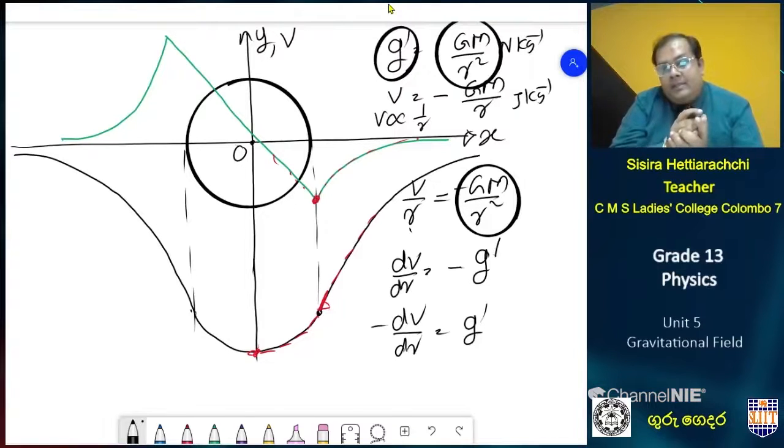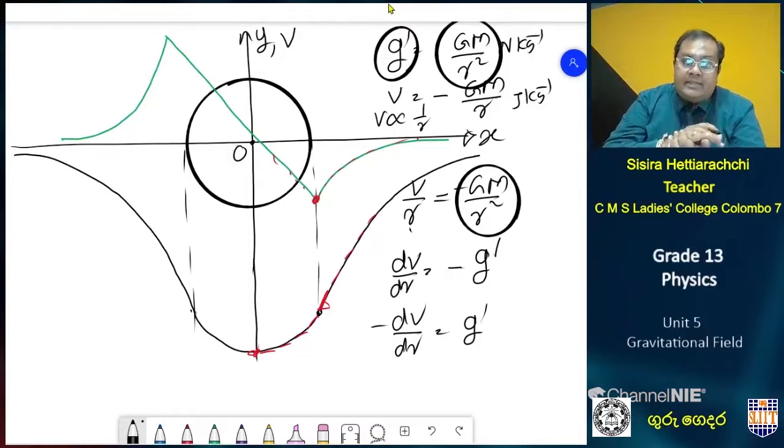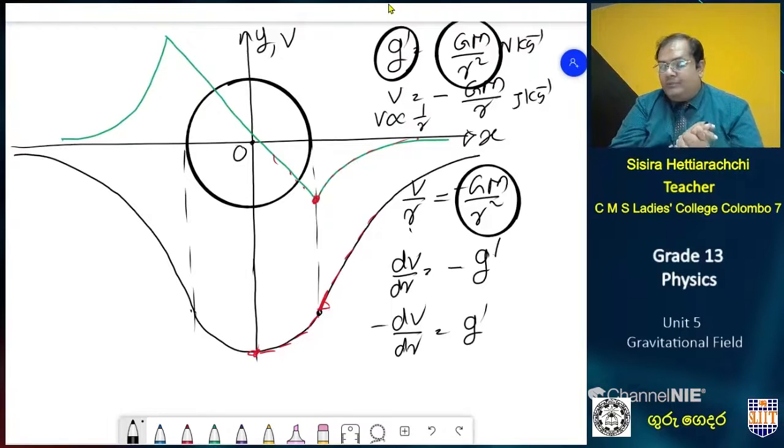Then you can see it comes to the minimum energy level. Minimum energy level means stable. The most stable point is the center of the earth for our earth because potential is minimum there. At infinity it is very unstable because potential is maximum. Anyway, you should know the potential curve and the field intensity curve.